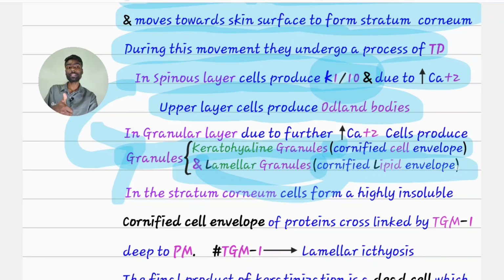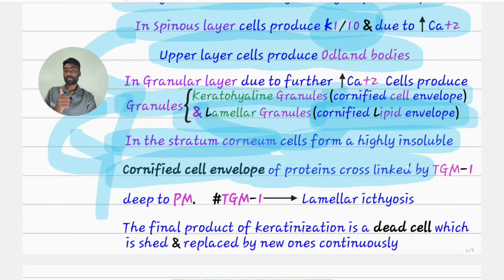Lamellar granules, before reaching the stratum corneum, at the junction of granular layer and corneal layer, will release lipids into intercellular space, forming cornified lipid envelope. Now, at the level of stratum corneum, cells will form highly insoluble cornified cell envelope of proteins cross-linked by transglutaminase 1.